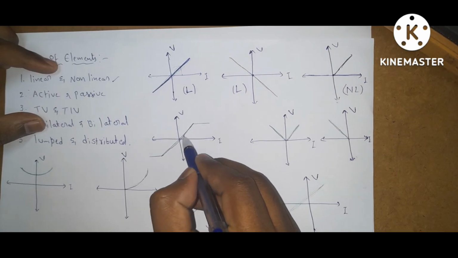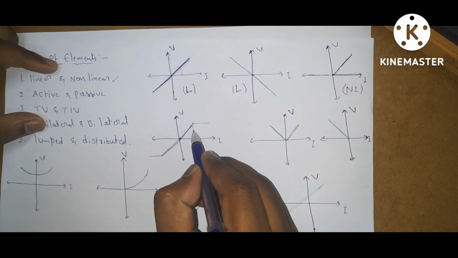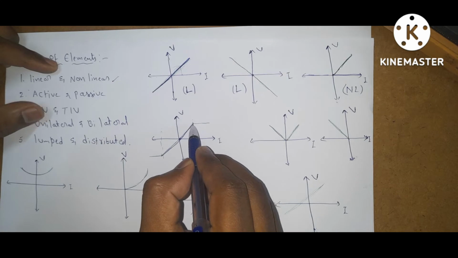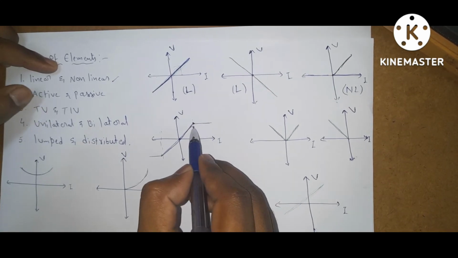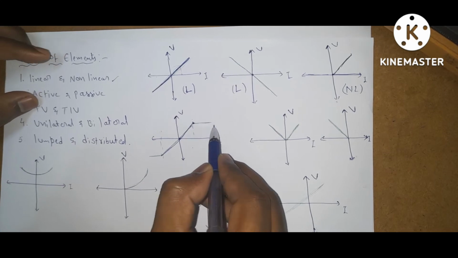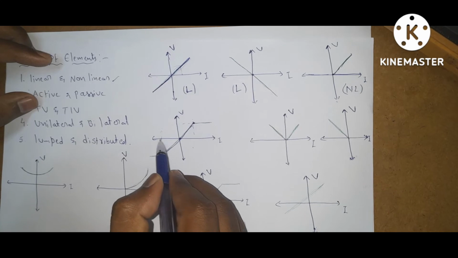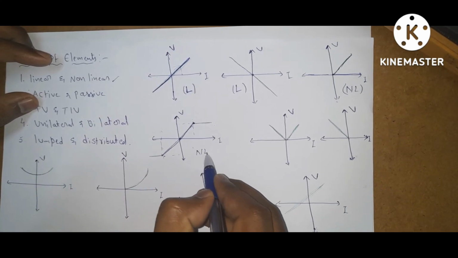From this portion to this portion, the line is passing through the origin. Up to here it is linear, but after this point, even though current is increasing, voltage is constant. So it is non-linear.